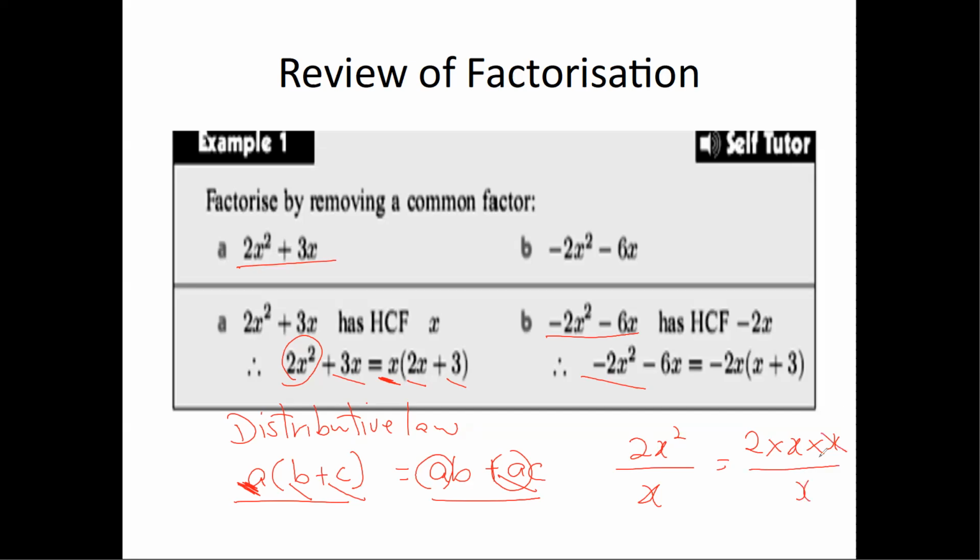This x into x is 1, x into x is 1, and we are left with 2x. That's where we got this 2x. 3x divided by x: x into x is 1, x into x is 1, and you're left with 3. Understand? And we do the other side as well, with the b part. Follow so far?